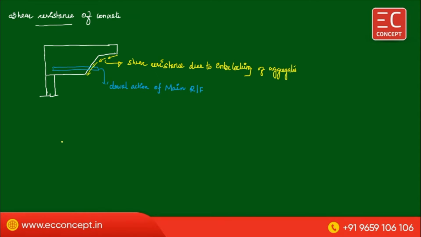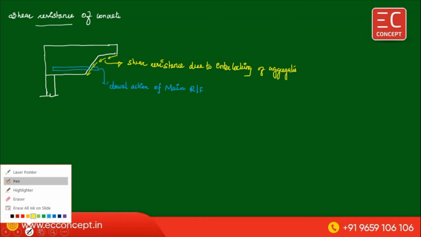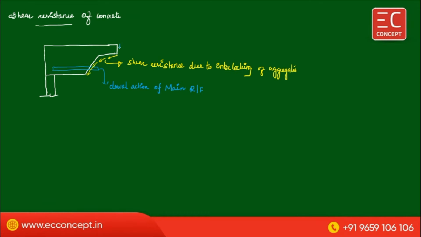And the next one is this one. This quantity is shear resistance due to uncracked section, uncracked concrete.